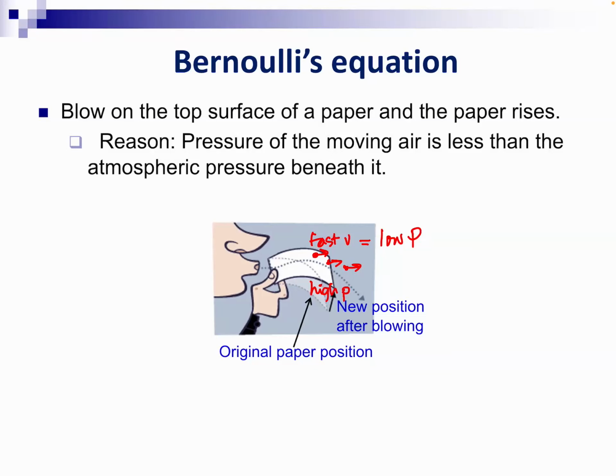You have low pressure here because of the faster movement of air particles, and high pressure below because the air particles are more static. So high pressure pushes against low pressure and the paper goes up, right?